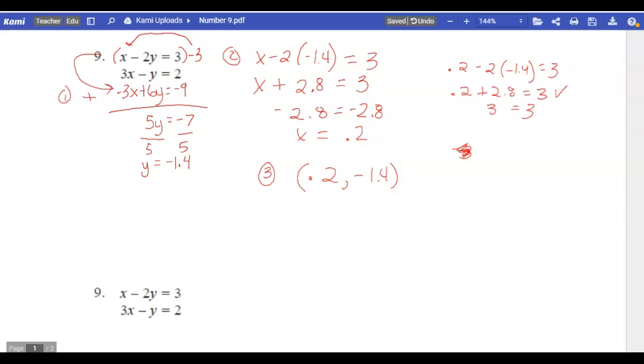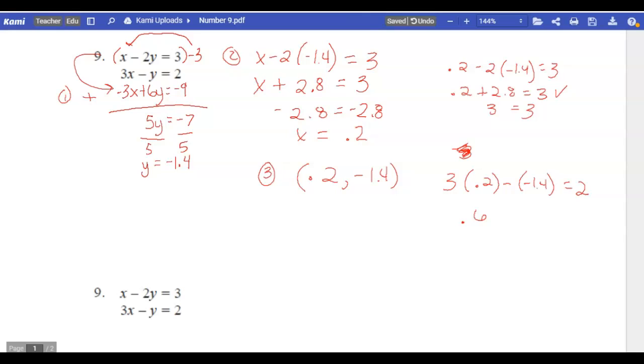And now, you always got to go and check the second one too to make sure it works. So my second problem is 3 times x, which is 0.2, minus our y, which is negative 1.4, and that's going to equal 2. So now I take my calculator again. 3 times 0.2 is 0.6.